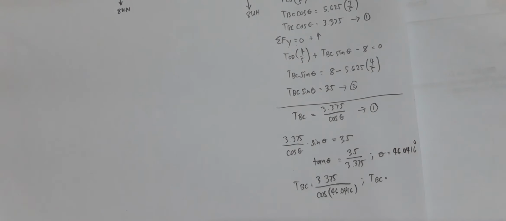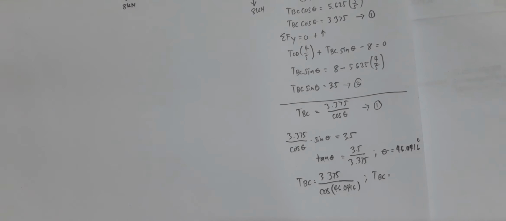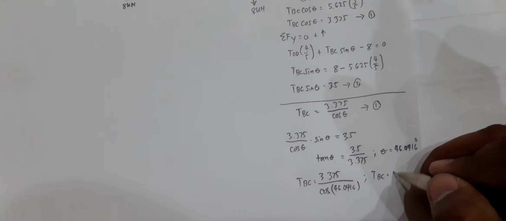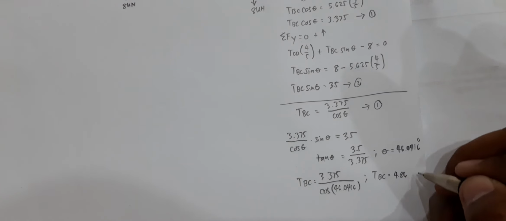Okay, so you have here TBC is equal to 4.8621. That would be in kilonewton, the tension for BC.